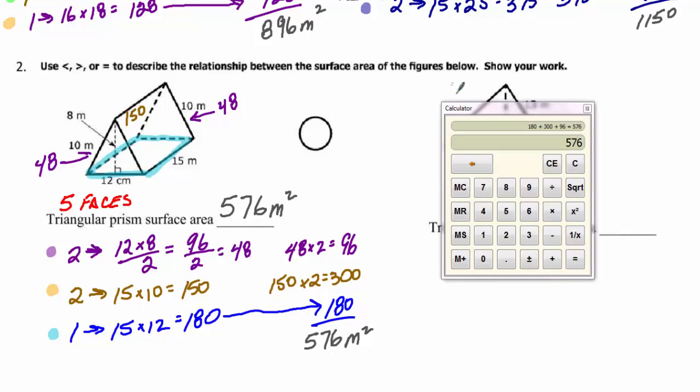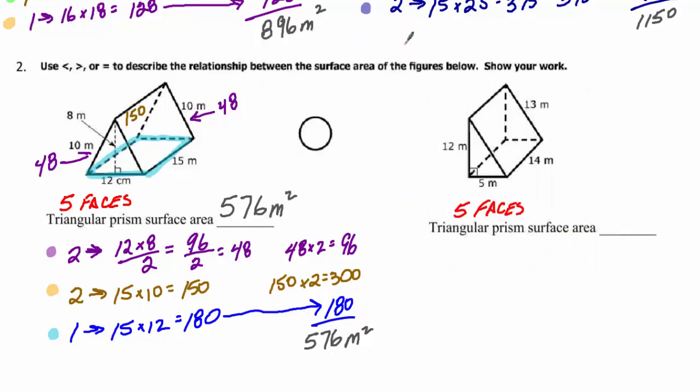All right, for the second figure, let's get the calculator out of the way. We won't need it for a moment. The second figure also has 5 faces, and just like the last time, let's do the triangle first. So it has a triangle at this end and a triangle at that end, and there are 2 shapes like this now.